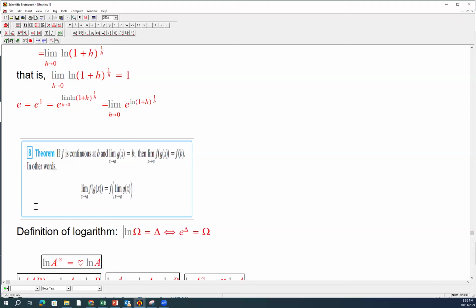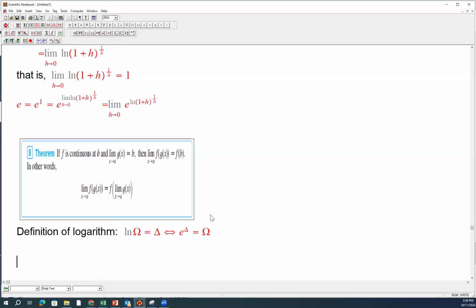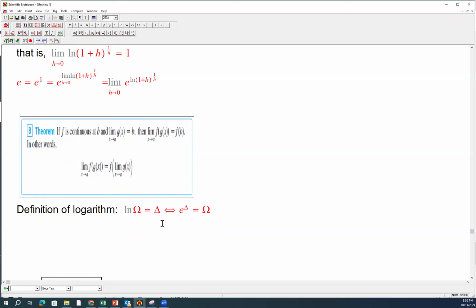Okay, so we got this. Now from here, what if we take this piece right next to it? The triangle is also represented as ln omega.